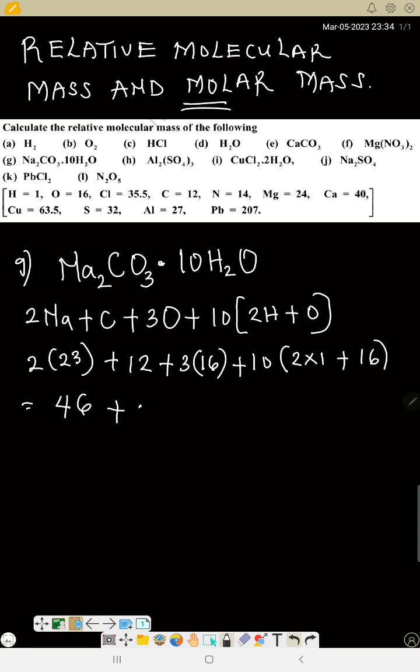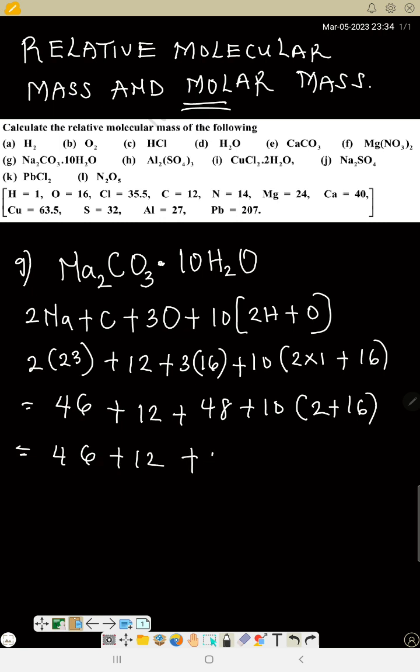So this is 46 plus 12 plus 48 plus 10 into bracket 2 plus 16. Because 2 plus 16 will give us 18, so this is 46 plus 12 plus 48 plus 10, then bracket 18.